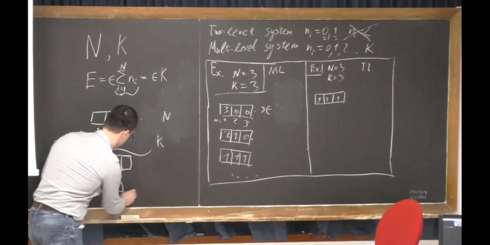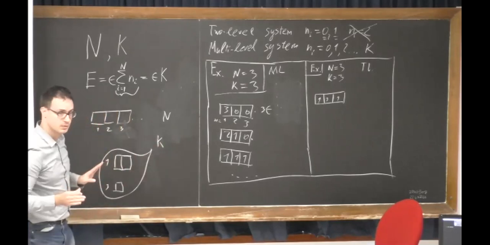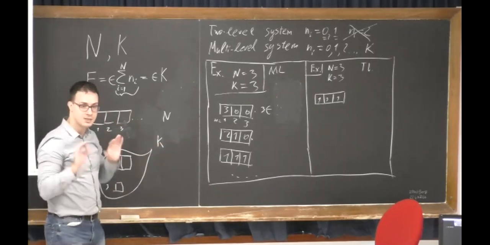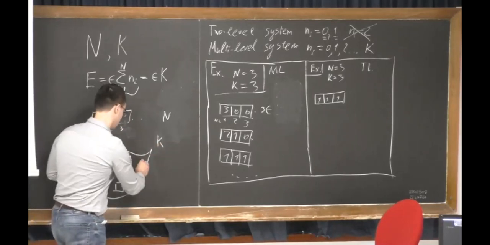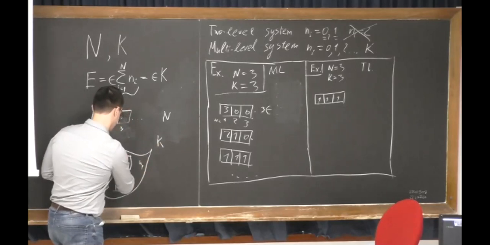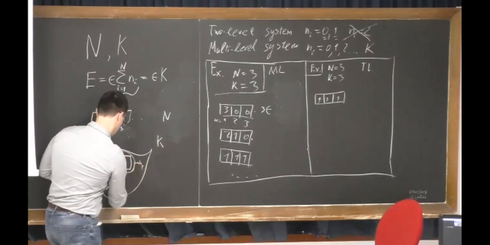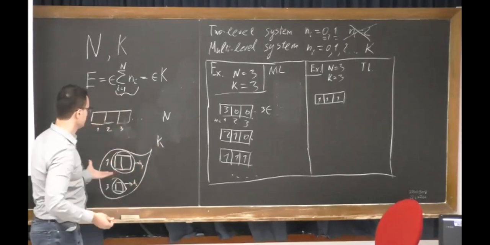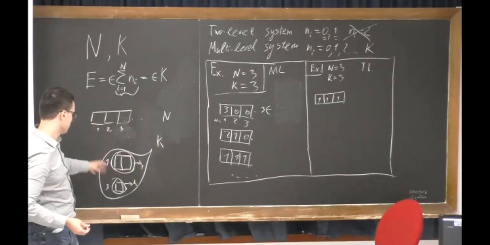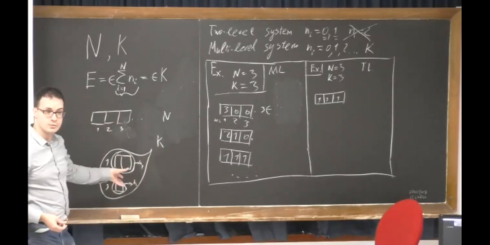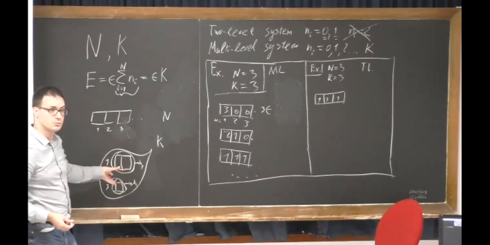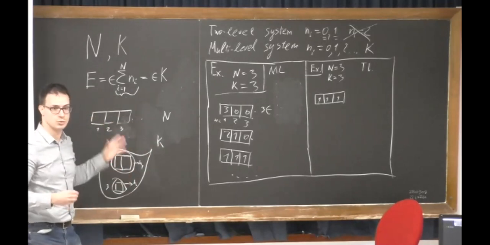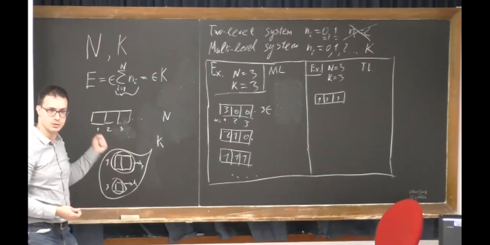When we have k, we stop, and then we just count how many times each particle was excited. This is n1. This is n3. So we count how many combinations we can make by choosing k times from n objects, which are replaced as soon as you pick one.